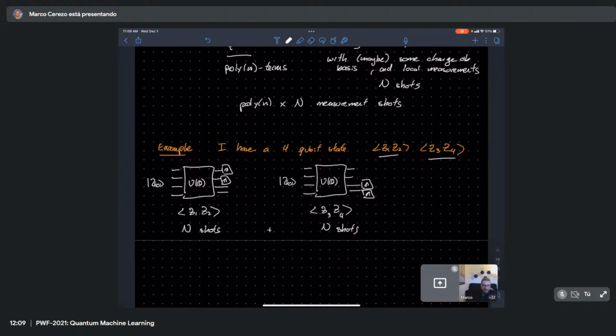Let me just pause for a second and ask the class, can you think of a way in which we can actually estimate all of those expectation values at once? Does anyone have any idea? Or maybe you can just say, no, I don't think you can compute all of those expectation values at once.